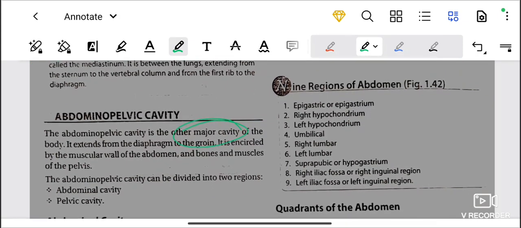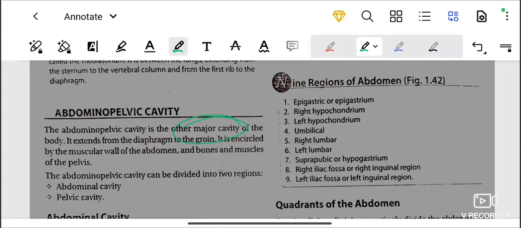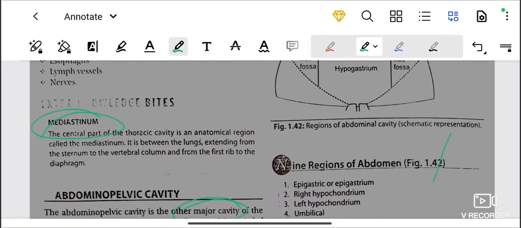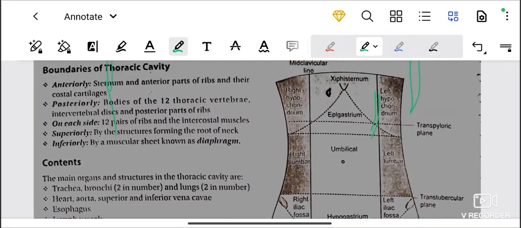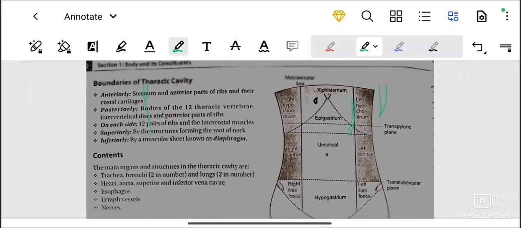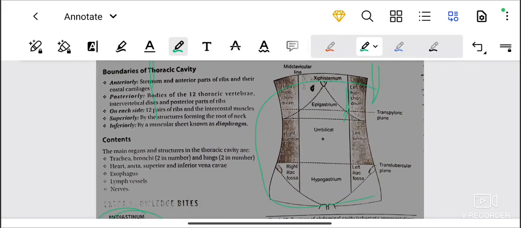It is encircled by the muscular wall, meaning it is covered by the muscles of the wall, that is the bones and muscles of the pelvis. You can see here this is the abdominal cavity.